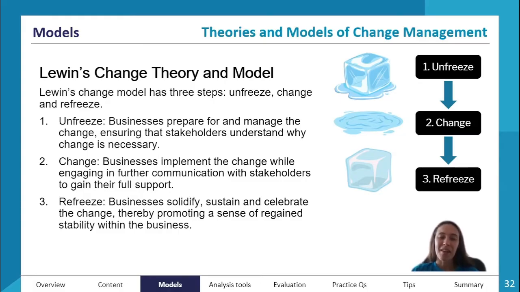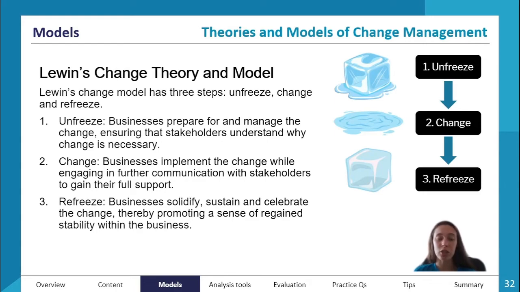So in order to make stakeholders understand, you will need communication, you may need participation or negotiation, and we also looked at threat and manipulation, which hopefully you can avoid.